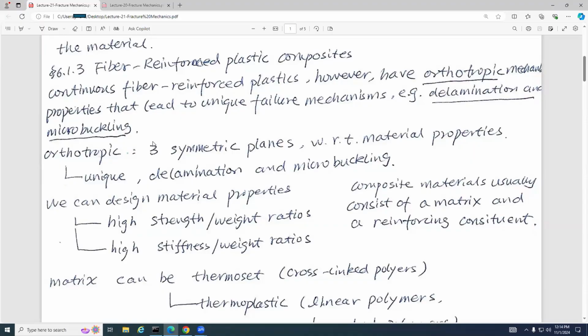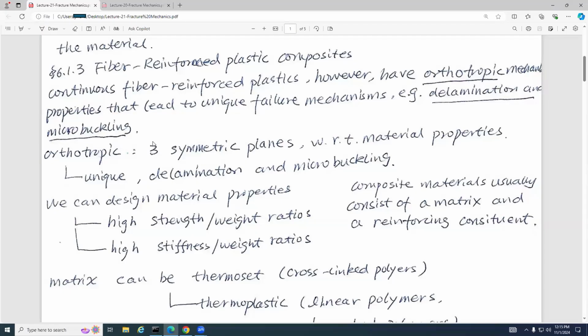What is orthotropic? Orthotropic means it has three symmetry planes with respect to the material properties. So this orthotropic behavior is unique, and delamination and microbuckling might also happen.